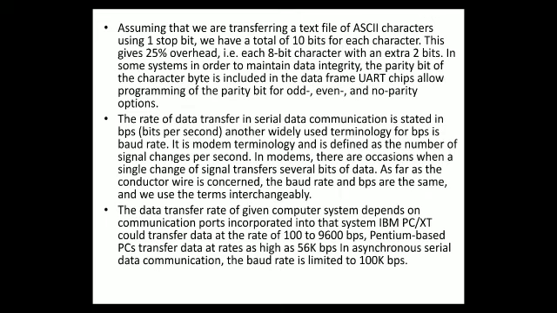Where are they used? In modem technology, it is always audio tones, and each audio tone internally comprises 8 bits. So in a modem we use baud rate, signal changes per second or audio tone changes per second. Therefore we use the terminology baud rate for modem transmission measurement.